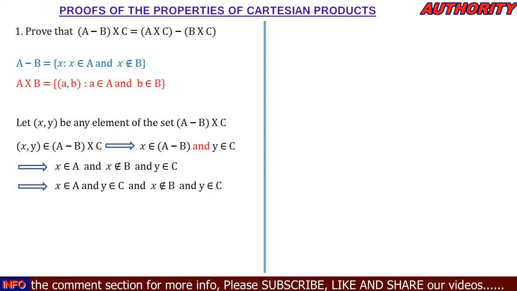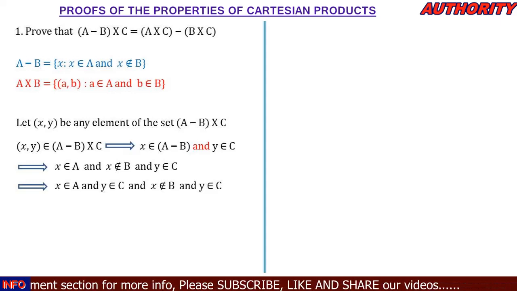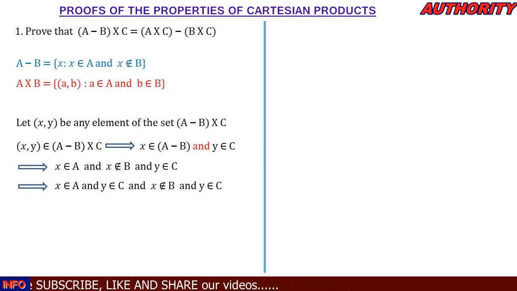So here we say that X exists in A and Y exists in C, and X does not exist in B and Y exists in C. So here, X exists in A and Y exists in C. If you want to bring this together, what are we going to say?